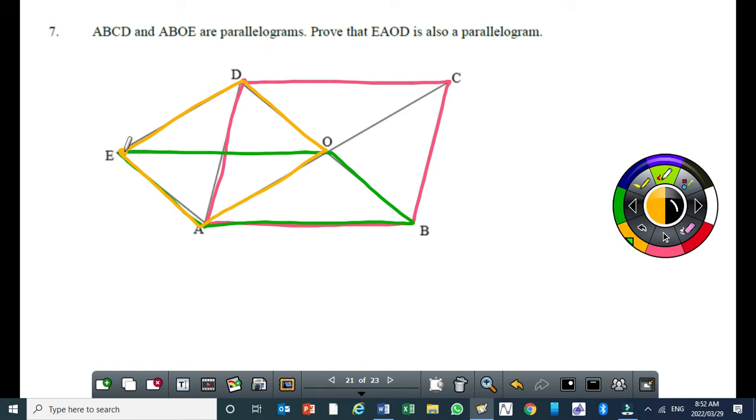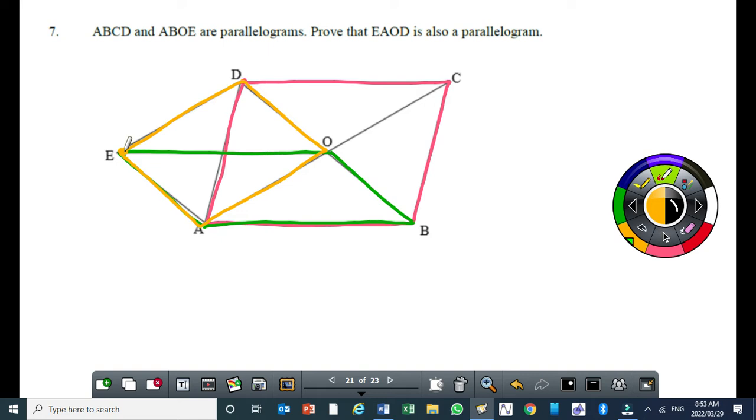So, in terms of the properties of the parallelograms, here, obviously, EA is going to be equal to OB. Do you see that? EA is going to be equal to OB.